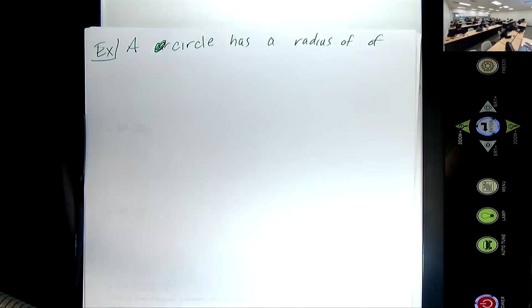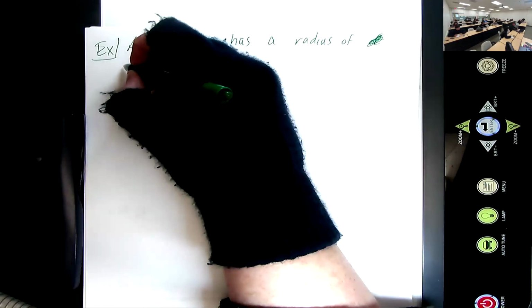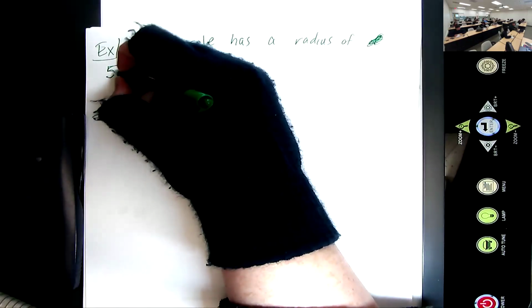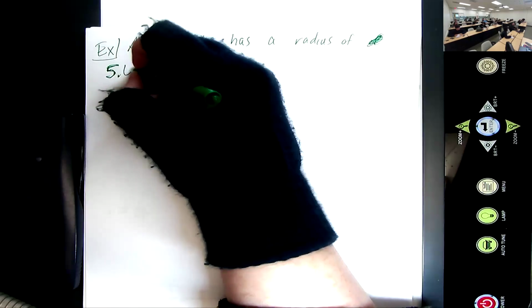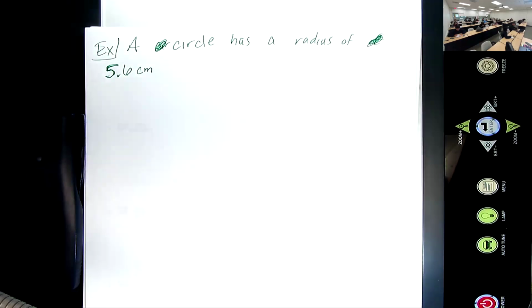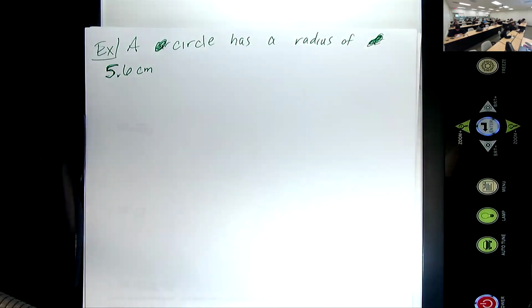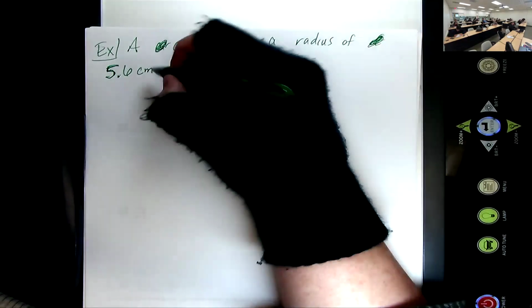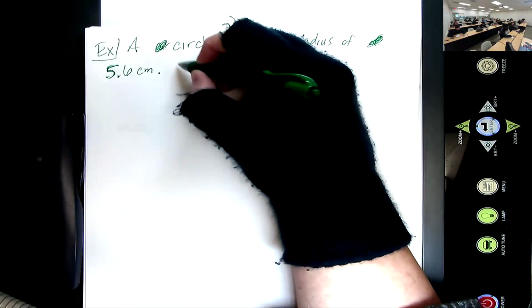Have a decimal in it. 5.6. What's your preferred unit? Centimeters. Americans don't pick the metric system. A radius of 5.6 centimeters. Let's find the length of the arc.